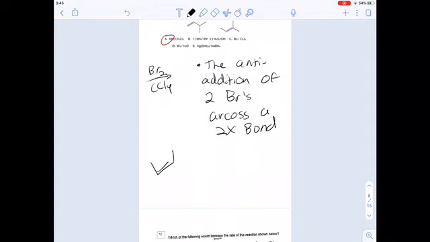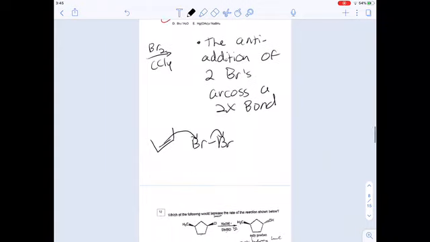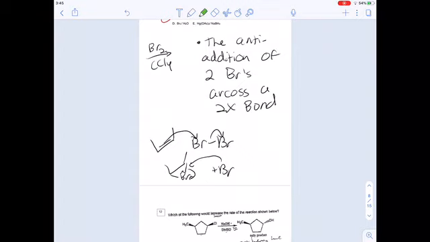on a dash. Reason being is because when you have this double bond and it attacks the Br2, it forms a ring with one of the Brs, right? And then the second Br is going to come in and attack, opening up the ring.